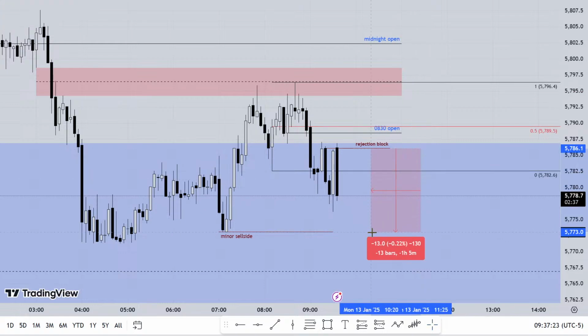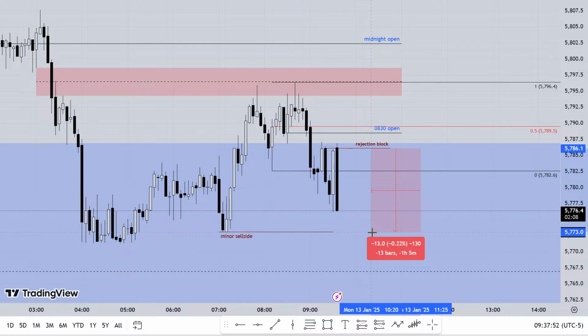From the rejection block to the minor sell side liquidity pool, it's 13 handles, and you'd want to have this kind of range. So before you place any trade, you want to plan for a higher probability trade entry. For the ES, you'd want to have at least a 10 handle range, so you can trade inside of that 10 handle range.